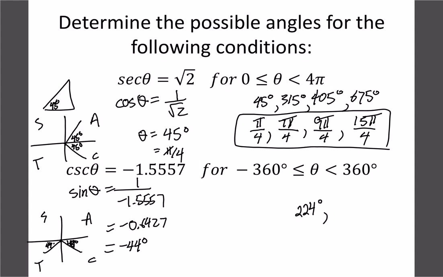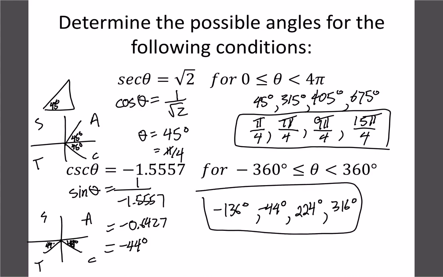And 360 minus 44 would be 316. So there are our 2 that we've got drawn, but we also have to go backwards. So that would be negative 44, which is the one that we just calculated. And negative 180 plus 44 would be negative 136. And those would be our 4 answers for that one.